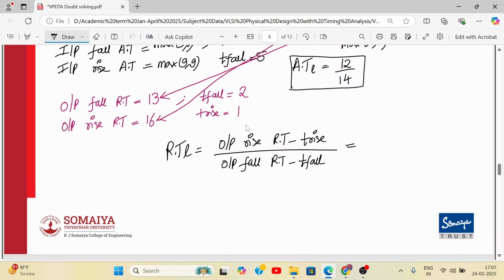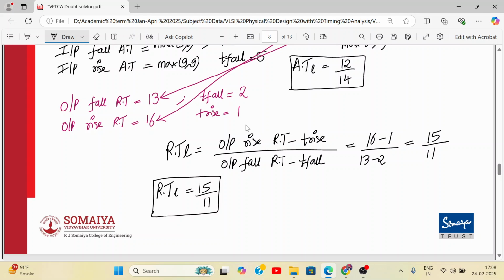So what is output rise required time? 16 minus 1 upon, this is 13 minus 2. So that will be 15 upon 11. So that's the required time for node L. I hope it is clear.